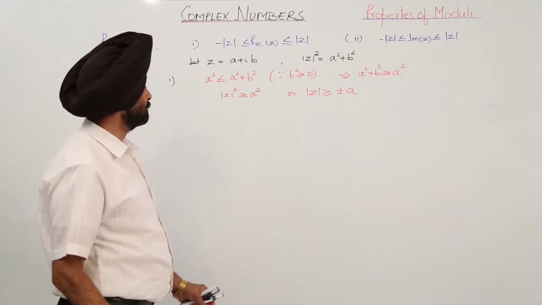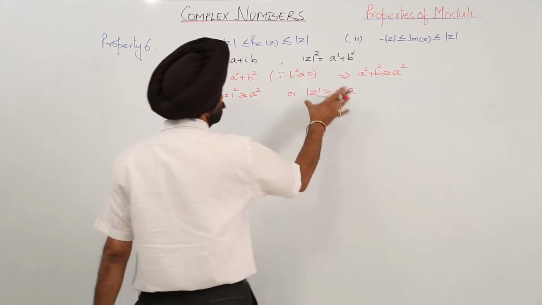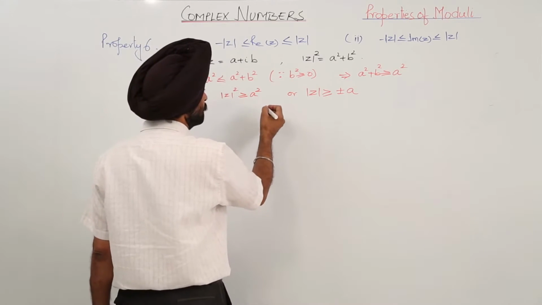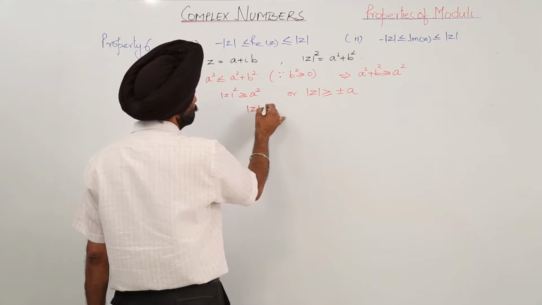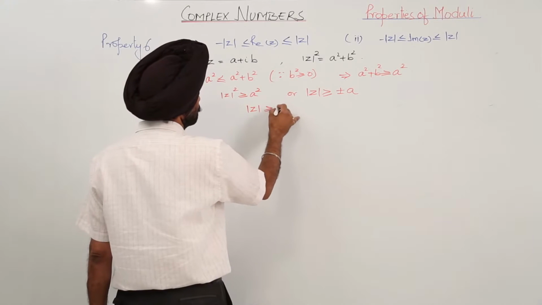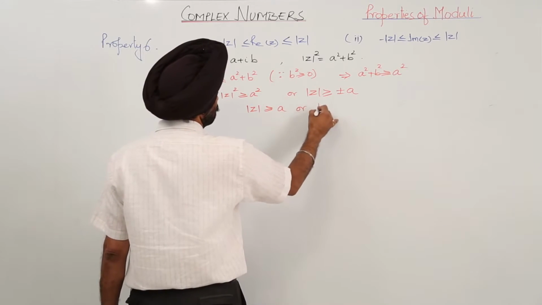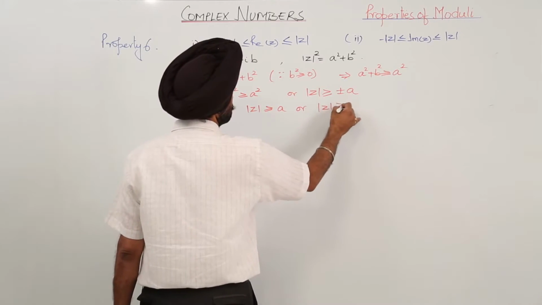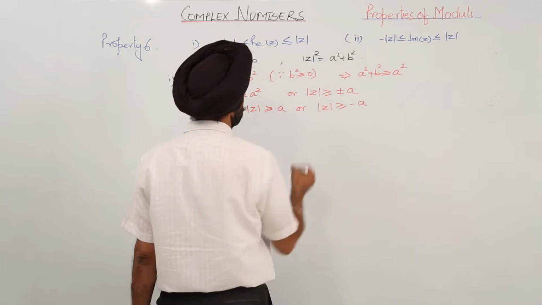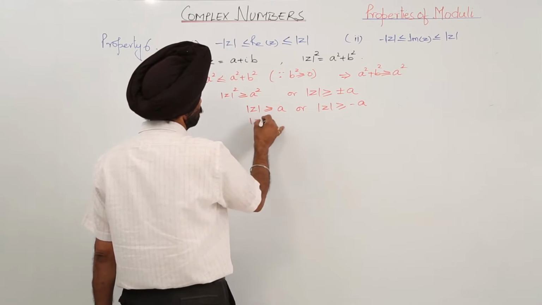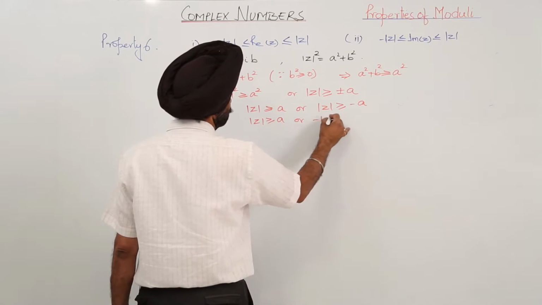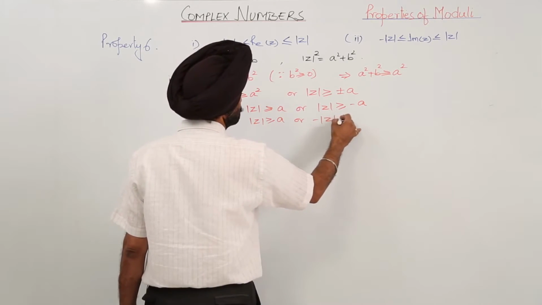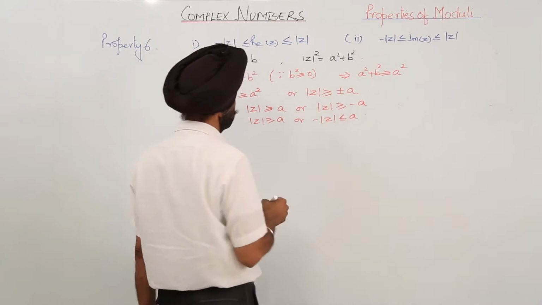Very simple thing. Now modulus of z is greater than or equal to a, or modulus of z is greater than or equal to negative of a, that is, negative of the modulus of z is less than or equal to a.